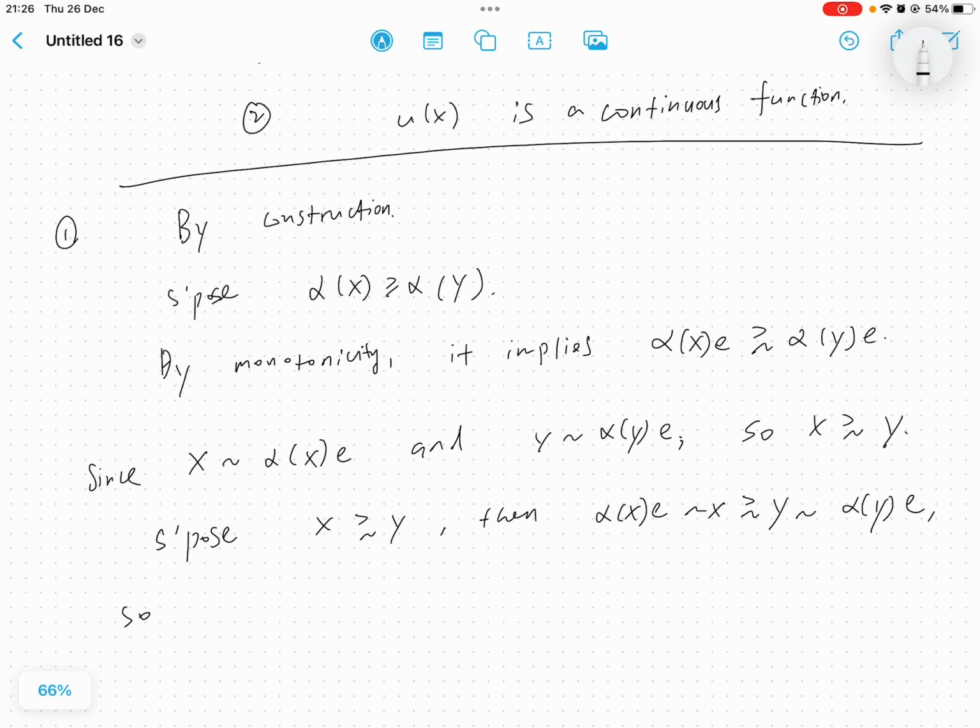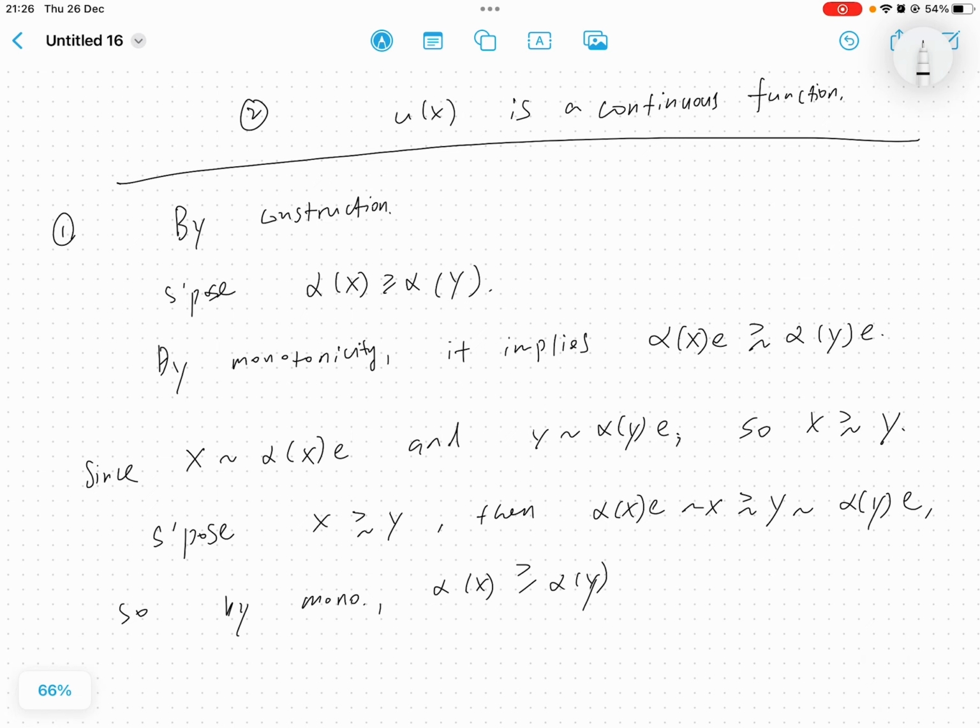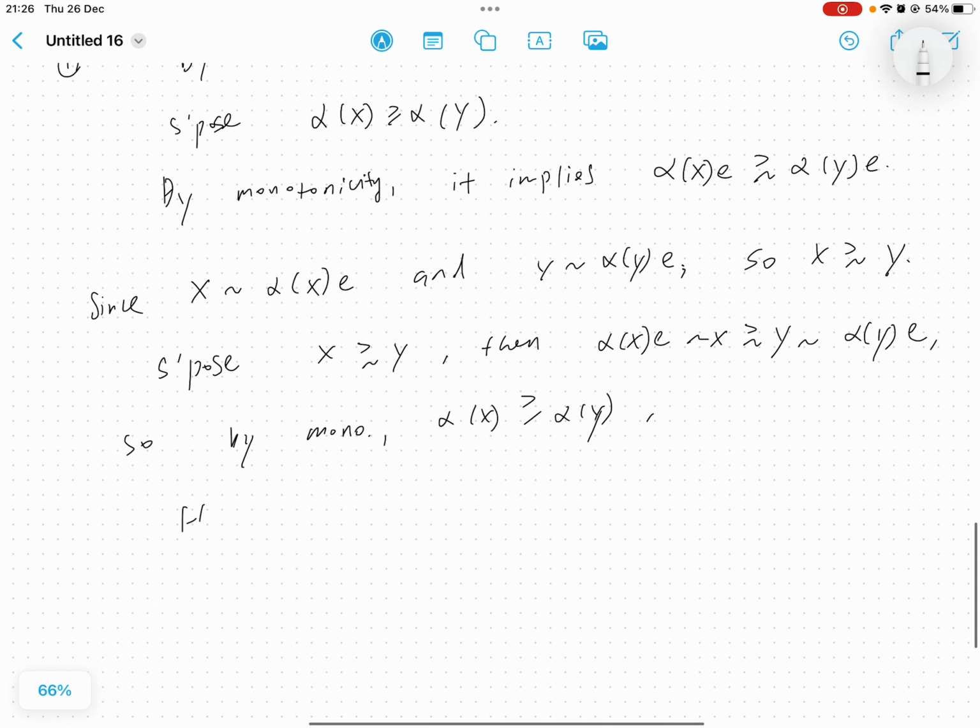So by monotonicity, alpha x is greater than or equal to alpha y, or ux is greater than or equal to uy. Those are the same thing. Therefore those are necessary and sufficient conditions. Good. That is very simple, but the continuity will be relatively complicated.